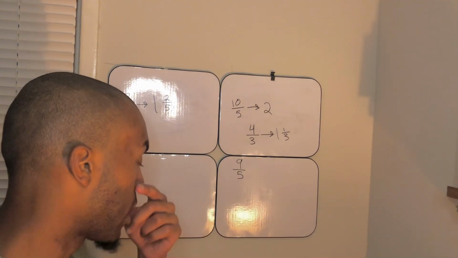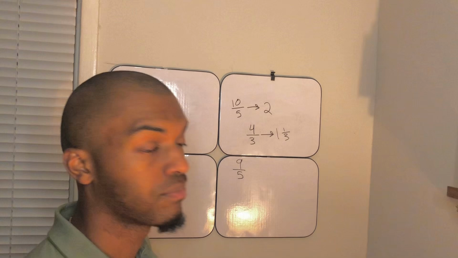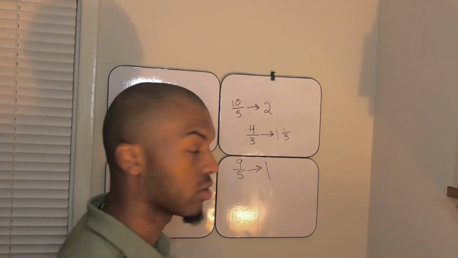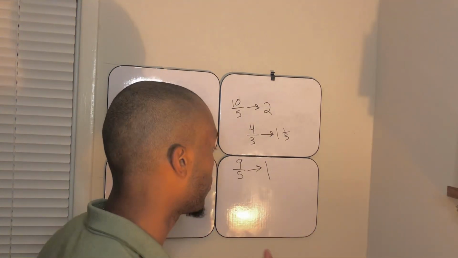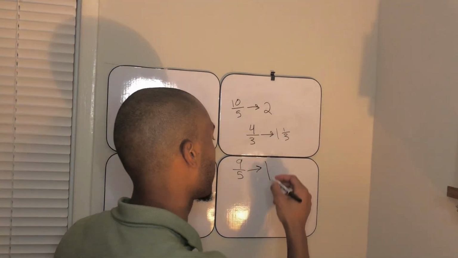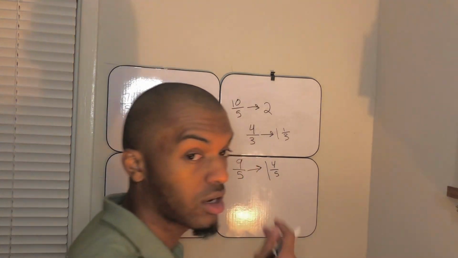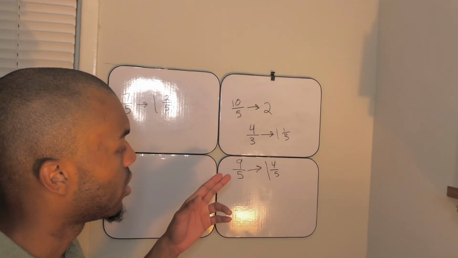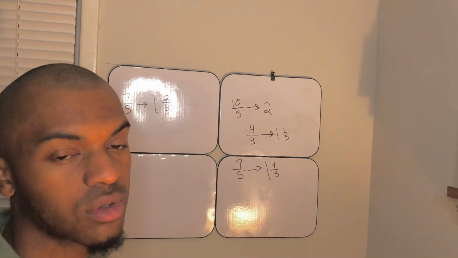Well, we see how many times 5 goes into 9. It's 1. So it goes into 9 1 time, and then you got 4 left over after you put the 5 into the 9. And then you drop that 5 under the 4. This is gonna be the answer, 1 and 4/5.